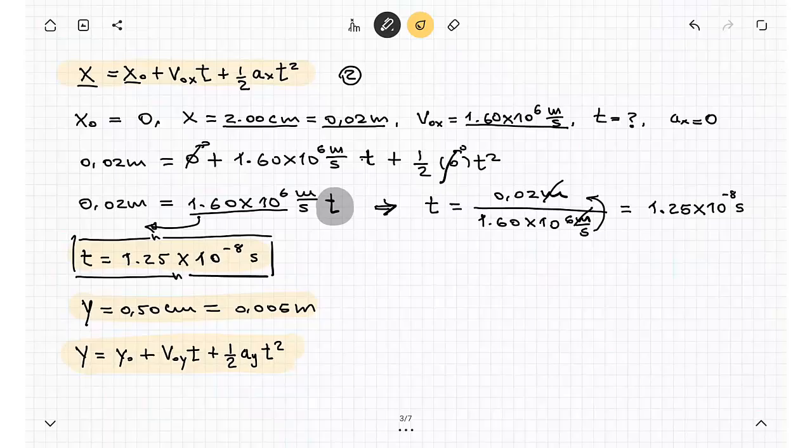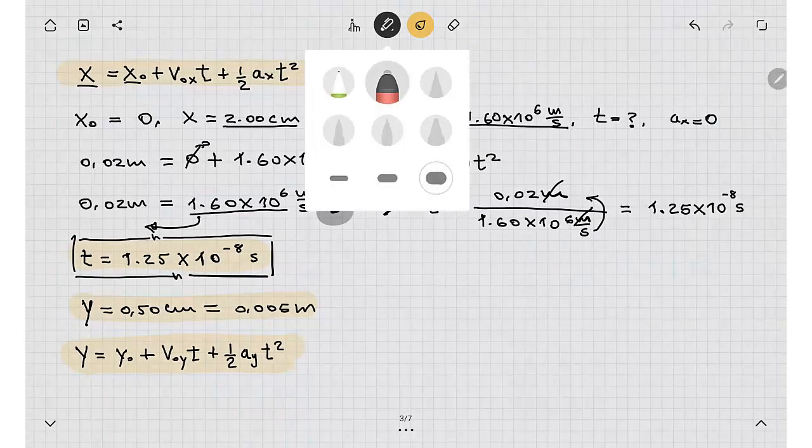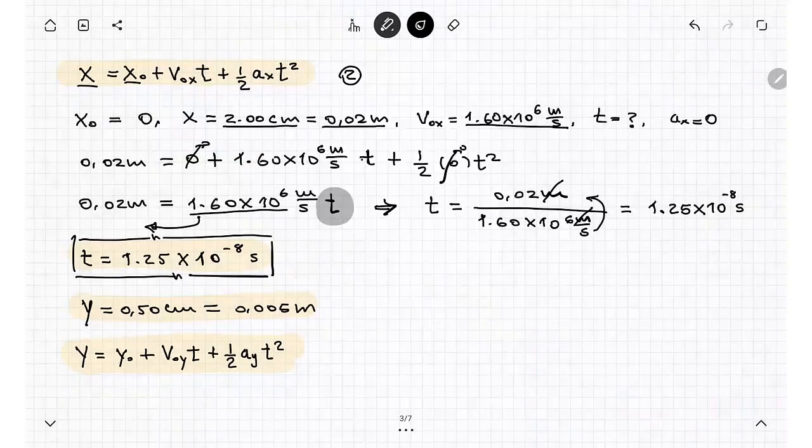Okay, as we did earlier with the x component, we want to do the same with the y component, taking into consideration the initial conditions of the problem.